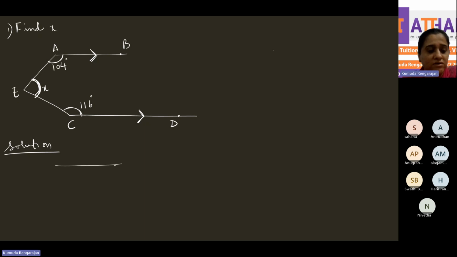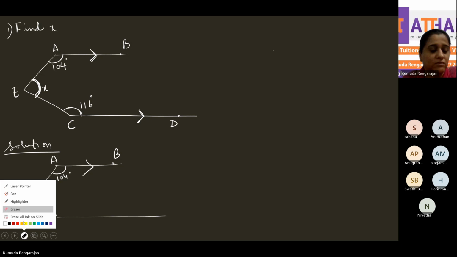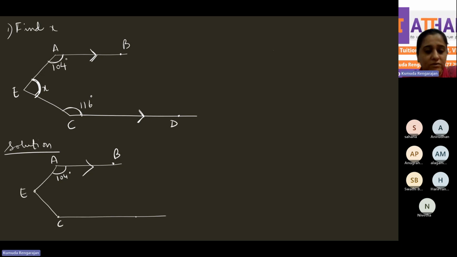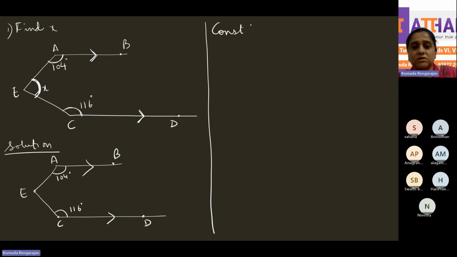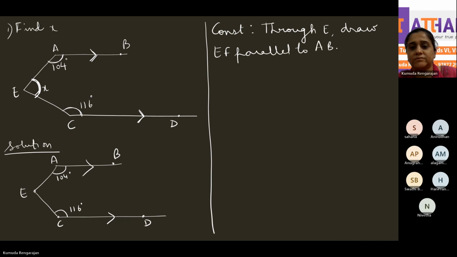So draw the figure again in the solution. Don't mark X. So you must write the construction: through E, draw EF parallel to AB.